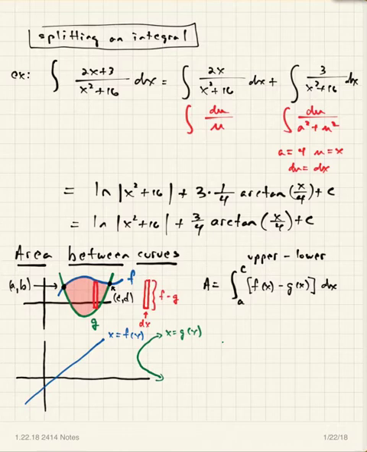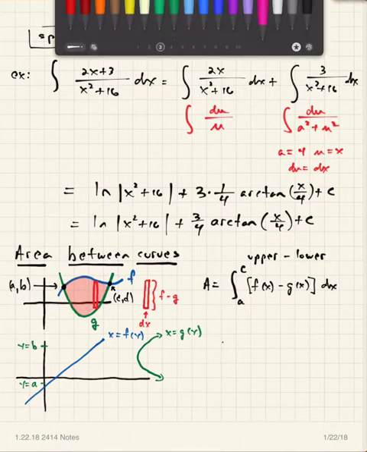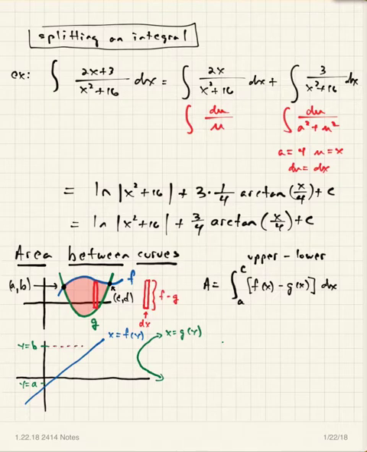And we're trying to find the area bounded between, let's say, y equals a and y equals b, like that. So those horizontal lines look like that.